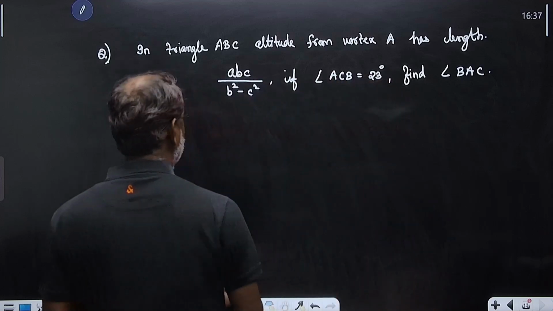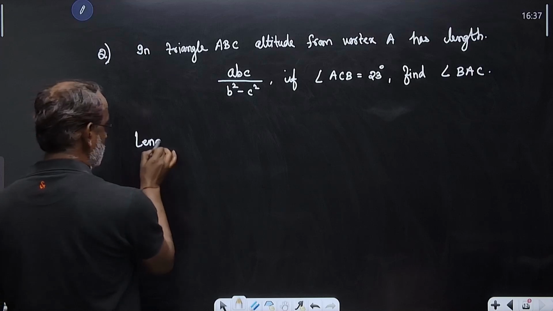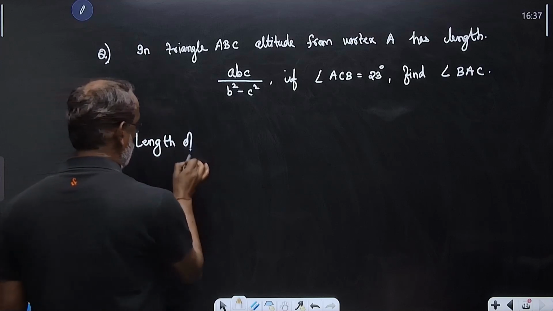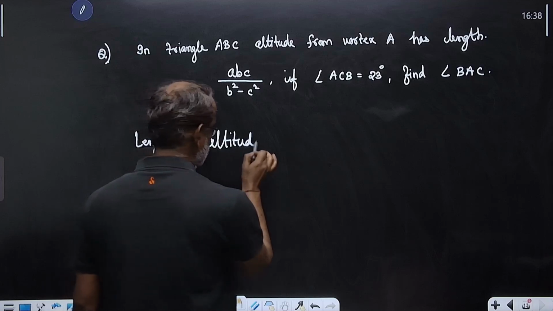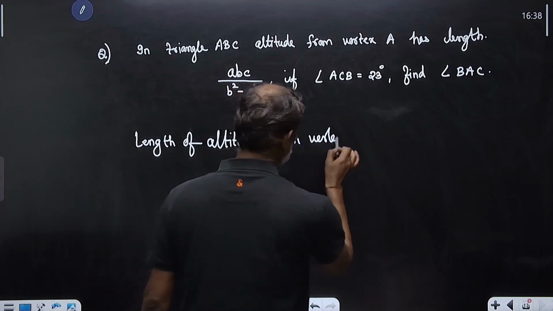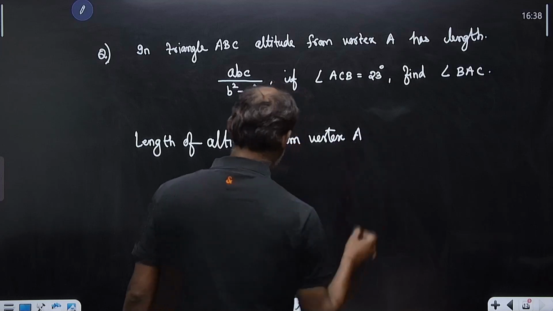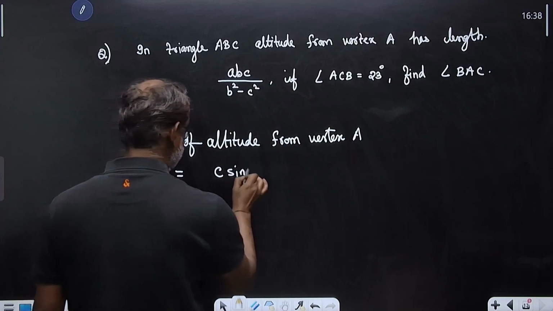So, length of altitude from vertex A, say c sin B.